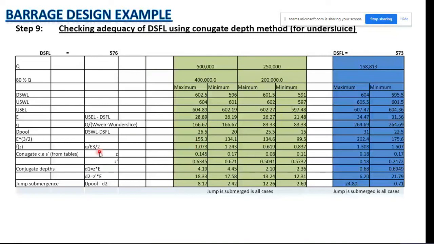For these values of Fz, we consult conjugate depth coefficients from tables and see Z and Z dash values for 1.073.